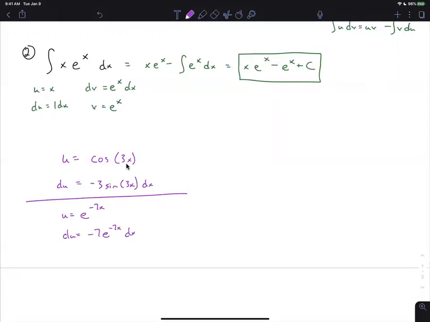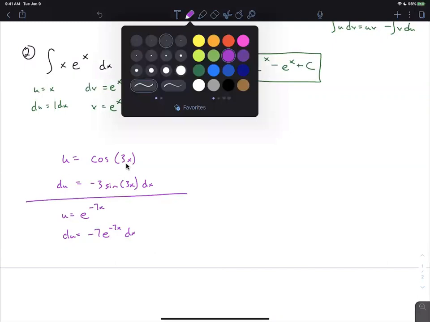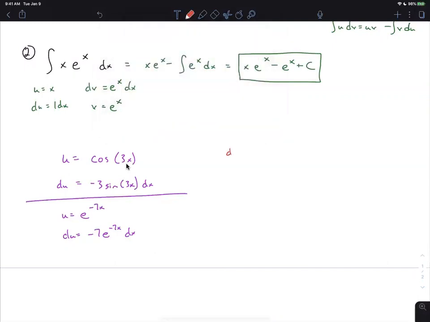Okay, now going backward, we want to be able to, if possible, do that in your head as well. If you can't, that's fine. You can write it out every time. But if you were to do a problem where dv is cosine of 3x, technically what happens is to go from dv to v, you do the antiderivative.